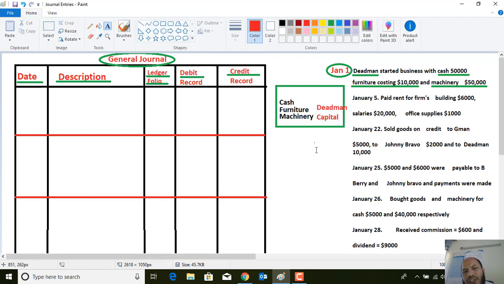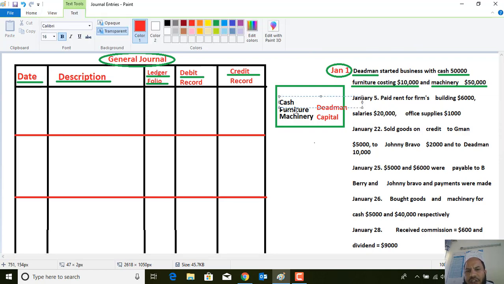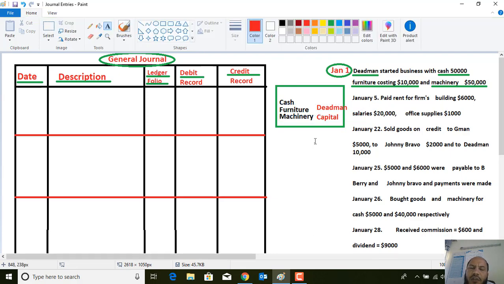See, dear students, the cash, the furniture and the machinery, these three are, for example, asset accounts. Cash is an asset account, furniture is a business asset, and machinery is also an asset.